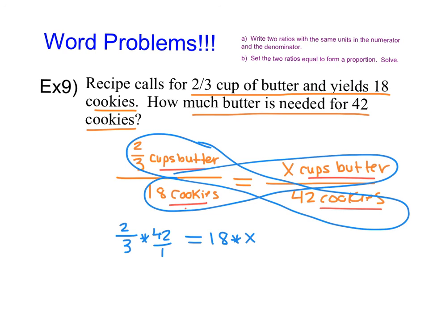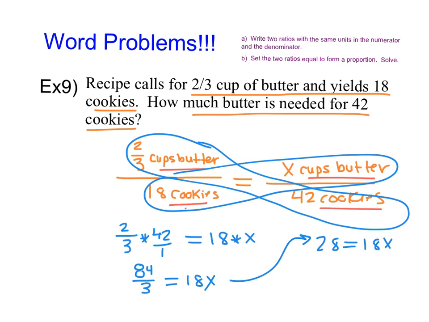But if I turn that into a fraction itself, 42 over 1, and then I just multiply across, I end up with 84 over 3, and that's equal to 18x. So that might seem like it's something that's not very nice, but if you take 84 divided by 3 in your calculator, you will actually find that 84 divides very nicely by 3 and becomes simply 28.